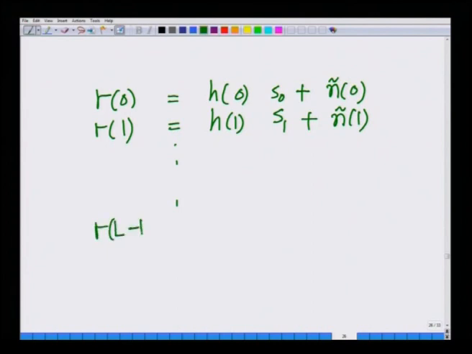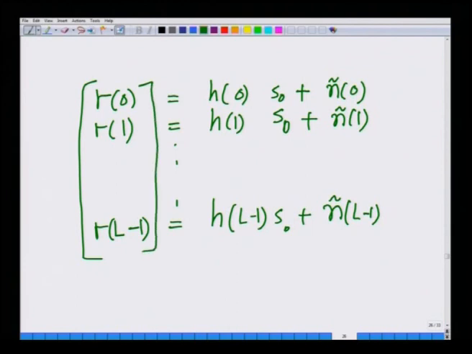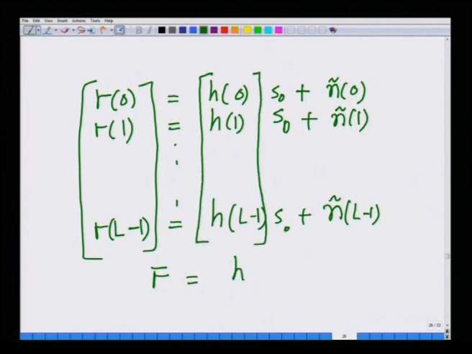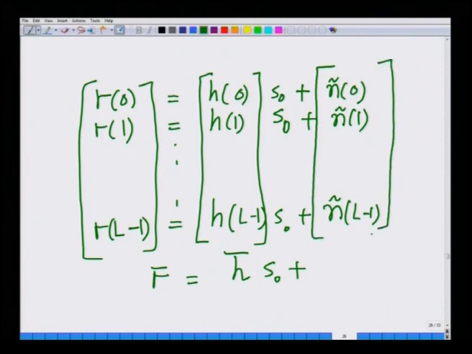R L minus 1 equals H of L minus 1 into S of 0 plus n tilde of L minus 1. I can represent this as a vector: R bar equals H bar times S0 plus n tilde bar, and this is nothing but our receive diversity system.